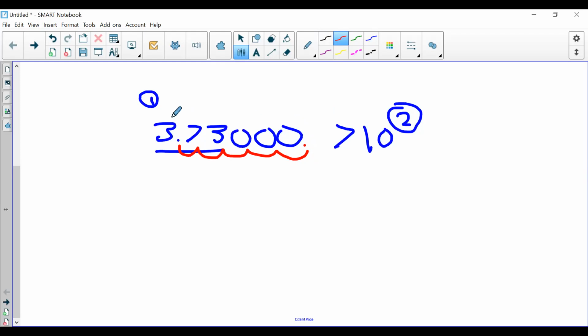In order to get from 3.73, which is my coefficient, to 373,000, I'm going to have to move my decimal 5 times. Based on the fact that it's greater than 10, the exponent is going to be positive. And I've now counted that it's going to be a 5. So that's step 3, to count the number of jumps. And step 4 is to put it all together. So step 4 is take your coefficient.